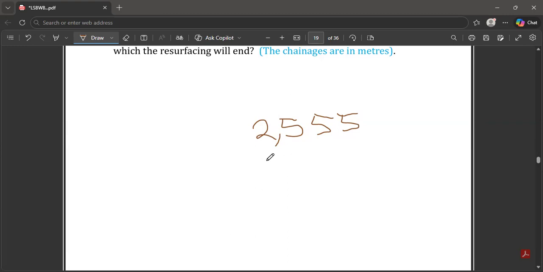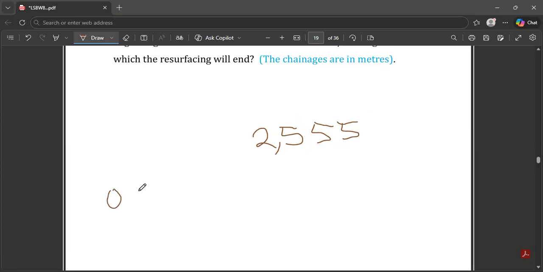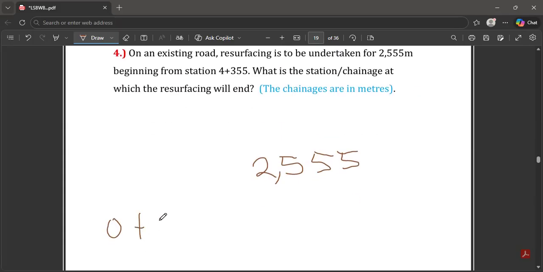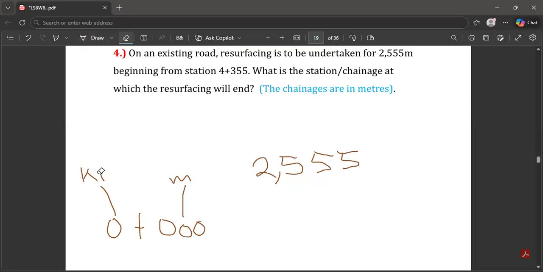For example, if you have something like 0 plus 000, this is the bigger one, the K, and this is the smaller one, the meters. So these are the two differences you should be able to know.